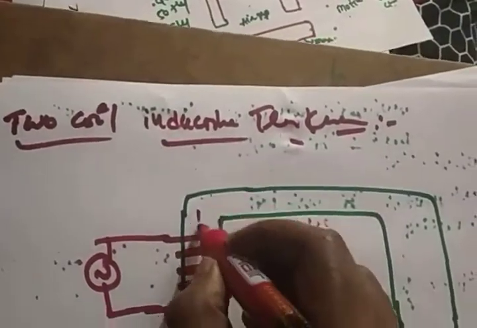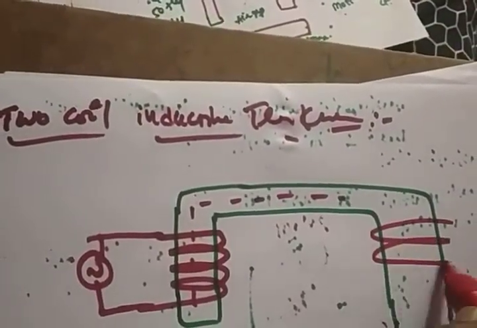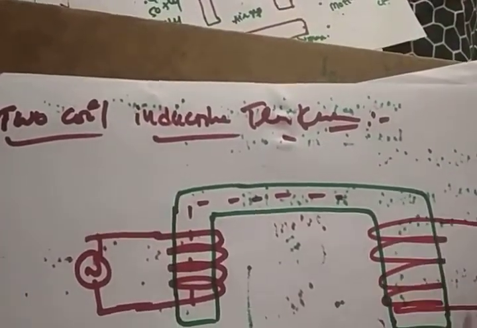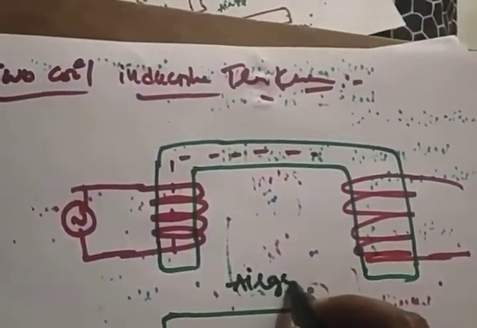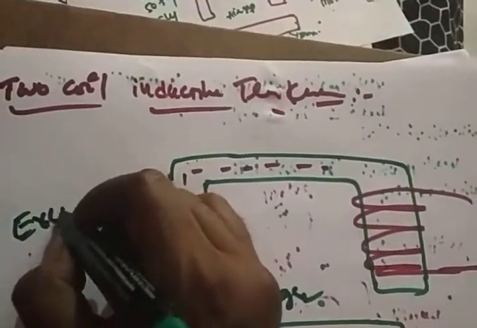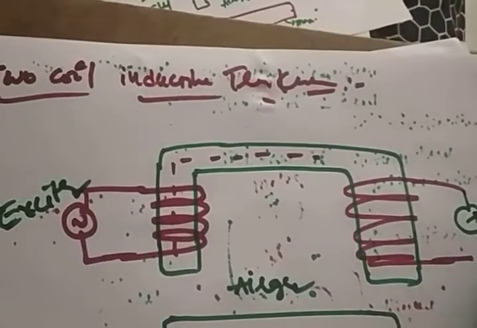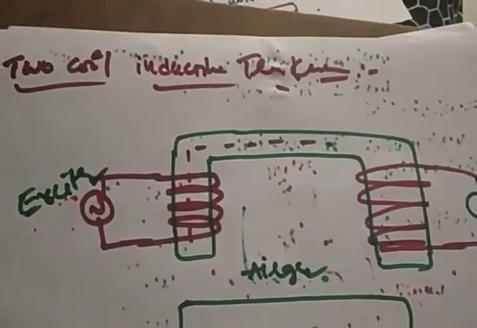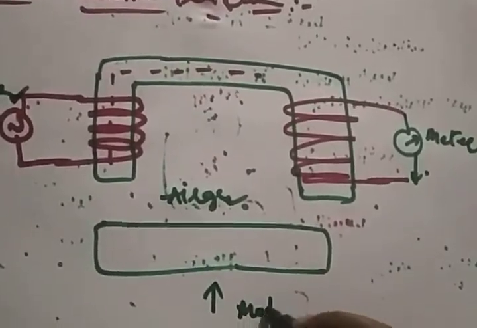So these are the flux. And we are having another coil. The name itself indicates this we can call the air gap. This we can call the exciter. So we place a meter here.